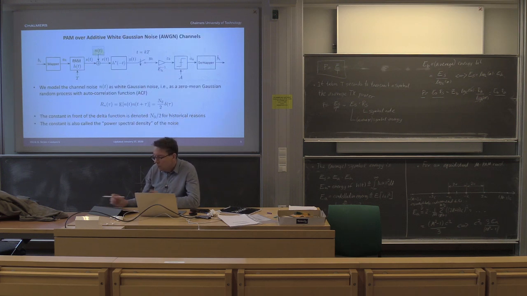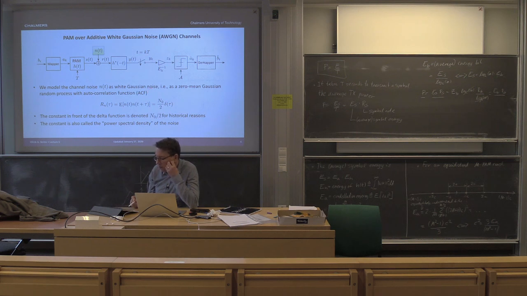Okay, so we now want to go back here, and what we want to do then is to say, okay, we want to follow the noise through the system to figure out how it can affect our probability of error. So what we do then is we model the noise here as a white Gaussian noise. And what does that mean?